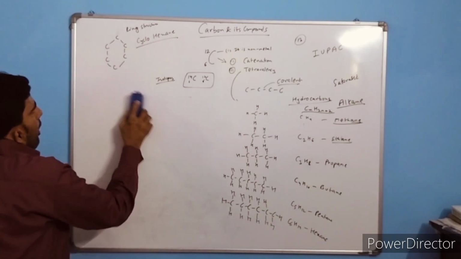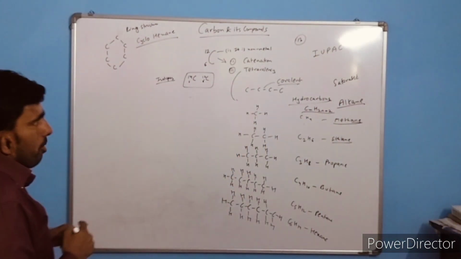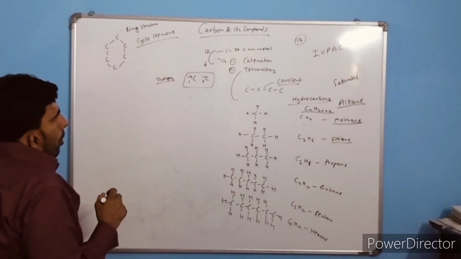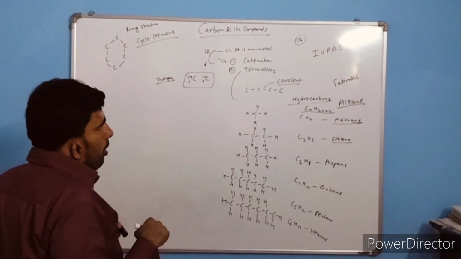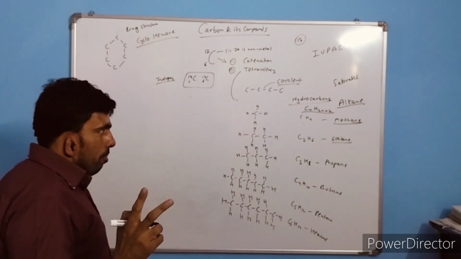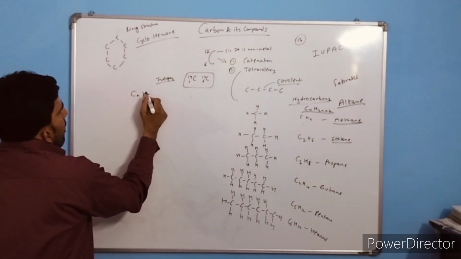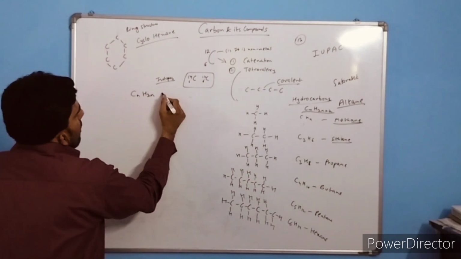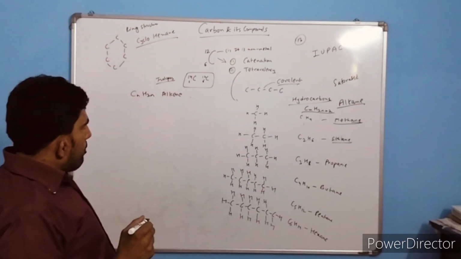See now. Now in double bond, what will happen? The first hydrocarbon will not be with one carbon. We have started the double bond structure from 2 carbon atoms. So its formula will be CnH2n, and that is why they are called alkenes.